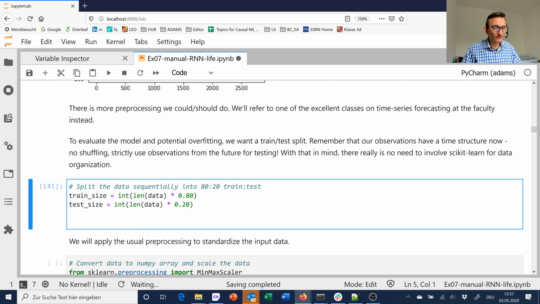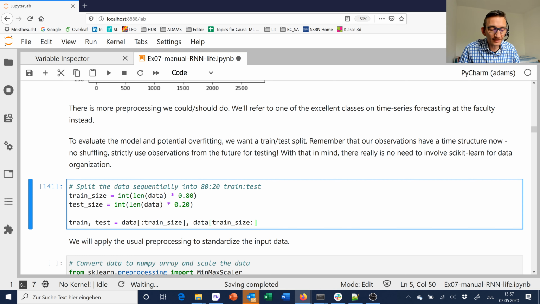And then let's use that to decide on our train and test set, or to extract them, which we can do using just vanilla indexing. We go from the beginning of our time series all the way to train size to have the training set. And considering the test set, we will basically go from train size to the end.